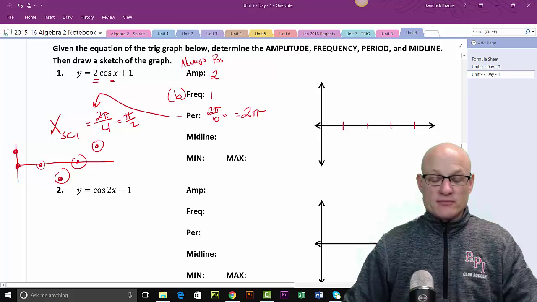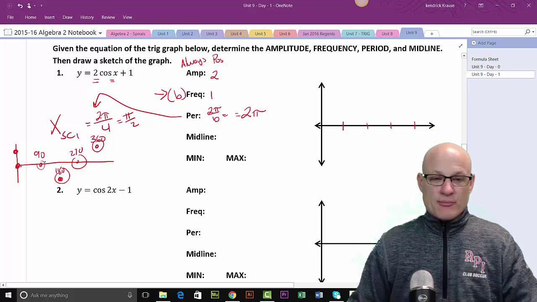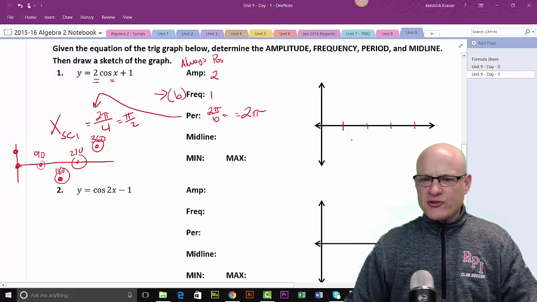What do they represent? Well, generally they represent 90 degrees, 180, 270, and 360. Unless, of course, our frequency is other than 1, and then they're modified slightly to represent the fact that we have a multiplying factor.